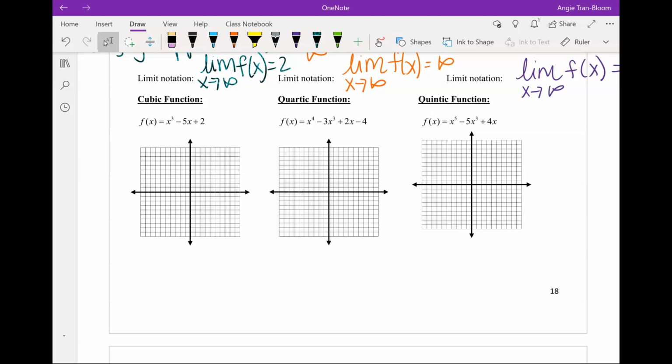So what is that approximation of the max? What's the x and what's the y? Read the x and y for me. Negative 1 point. Negative, let's round it to the nearest tenth. Negative 1.2? Okay. What's the y value? 6.3. Okay, let's plot that.